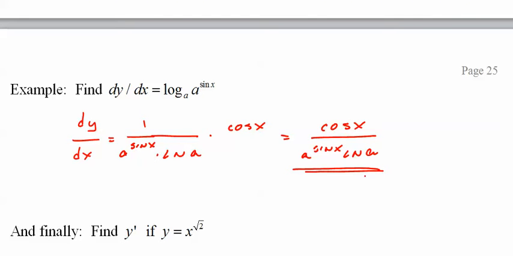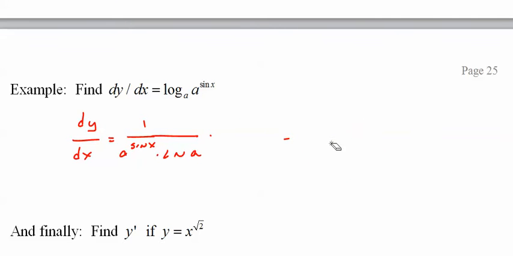Make sure I got that right. I'm looking up my answers. And I've screwed up. Yep, my bad. I jumped the chain rule there. So 1 over a to the sine of x times, remember, a to the sine of x ln of a. So we had to do this part. Now we have to do this part.